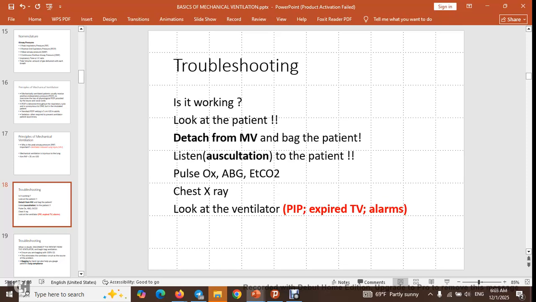The other thing is to look at the ventilator, peak respiratory pressure, expired tidal volume, and the alarm systems. If the expiratory tidal volume is very low, the patient's airway may be detached, or wrongly intubated, or partially intubated in one lung, or it can be filled with secretions.